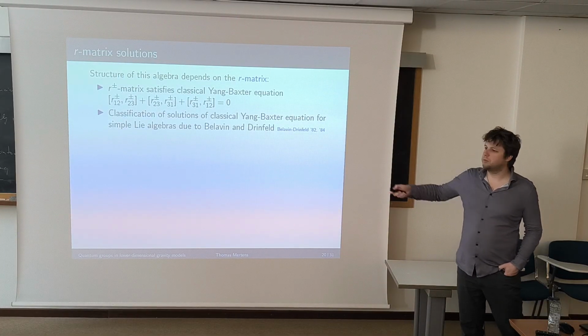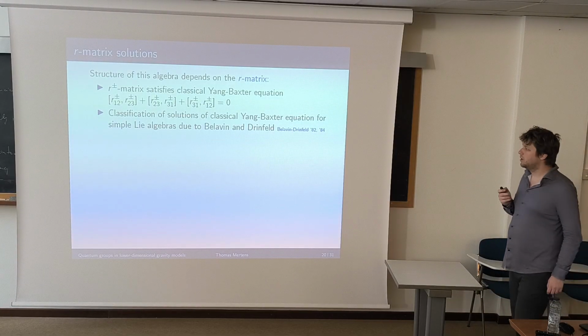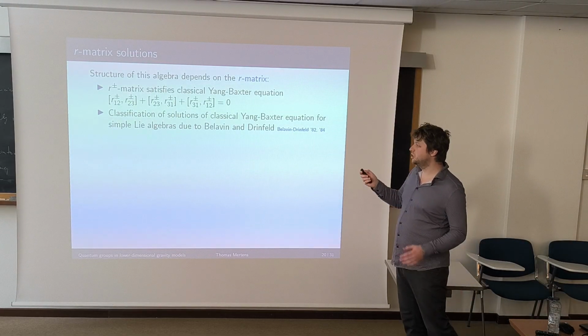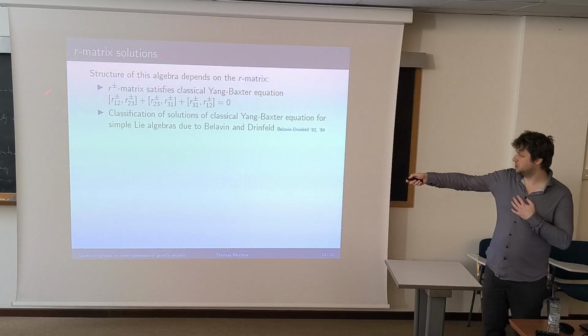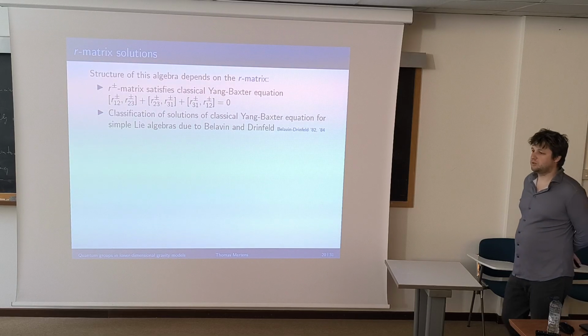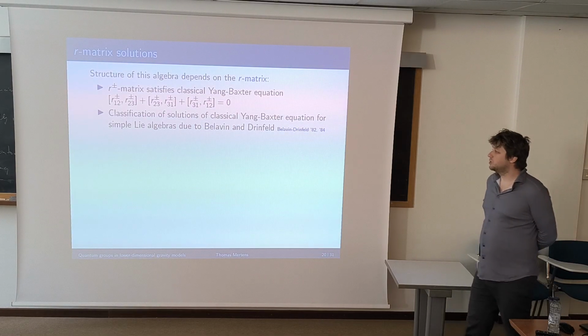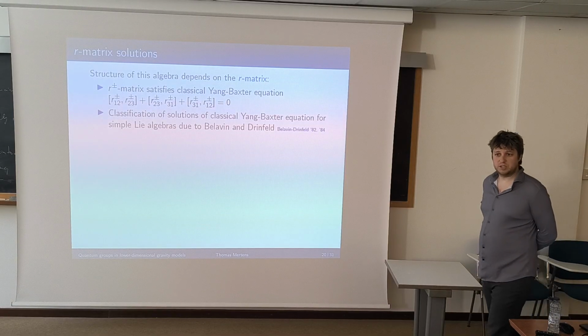and I go to this R plus minus here, which, well, is notation that I introduced earlier, you can readily see that that one just needs to solve the ordinary classical Yang-Baxter equation, not the modified one, so that's just this type of thing. And there is a classification of solutions of this classical Yang-Baxter equations for simple Lie algebras due to Belavin and Drinfeld. So these solutions have been classified.